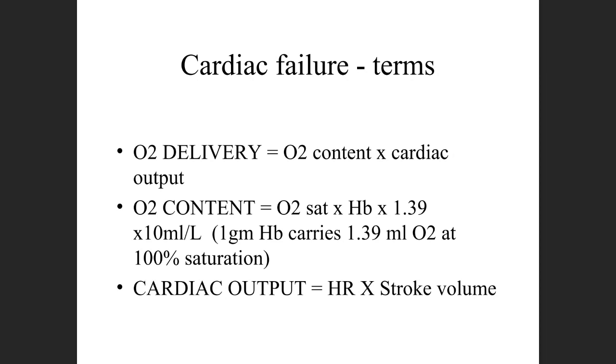Oxygen delivery is equal to the oxygen content times the cardiac output. And yesterday we looked at the calculation of oxygen content, which is shown below, where you use the oxygen saturation times the hemoglobin times that constant of 1.39 mL per gram, which means that you have to multiply by 10, and that's at 100% saturation.